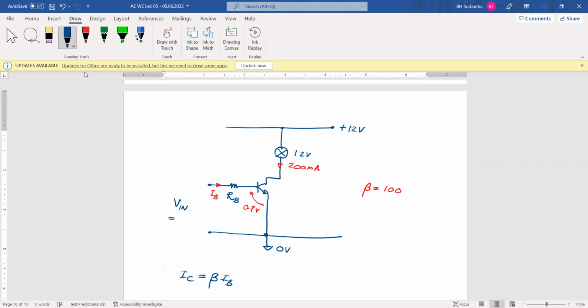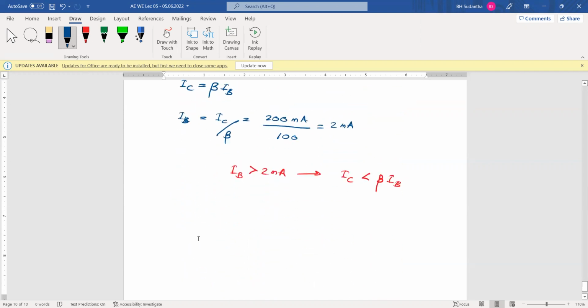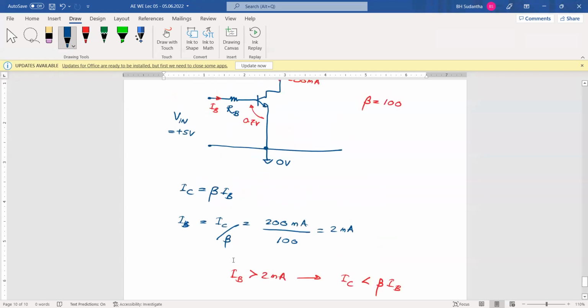this is the V in voltage, assuming that this is 5 volts. Then this is 0.7 volts, and across the resistor we have then 4.3 volts.